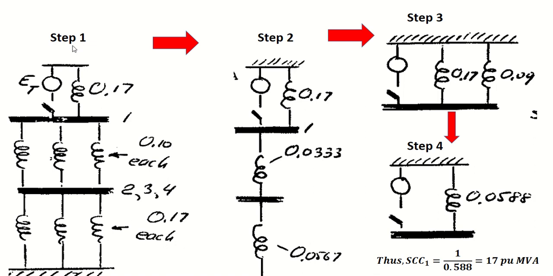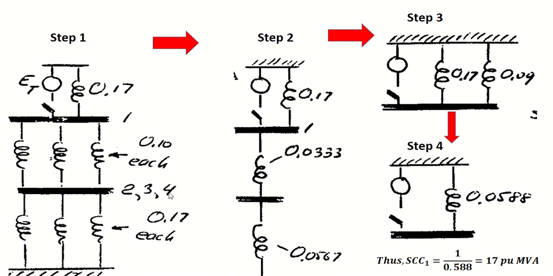So step one, after reduction we have ET, and then our generator and transformer reactance 0.17. Then we have lines 1, 2, 3, each of 0.1, which are connected to buses 2, 3, and 4.